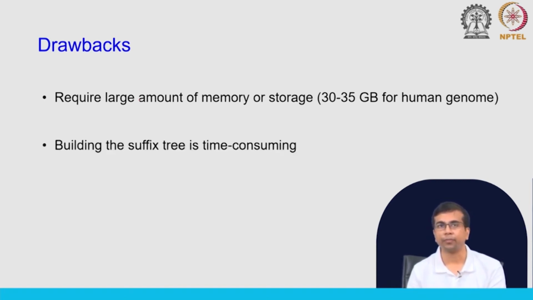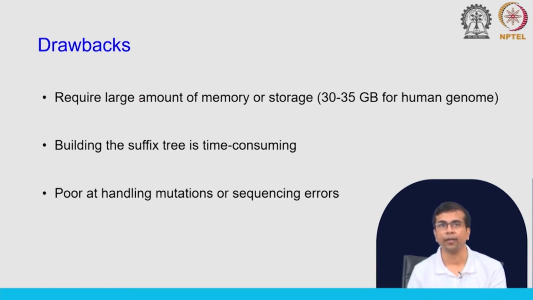Another thing is building the suffix tree. It is a very elaborate and complex data structure, and it is quite time consuming, but you can argue that once you have built this for a specific reference sequence, you can store it and use it. But then the first drawback comes in, because it takes a lot of storage to keep it on your hard drive.